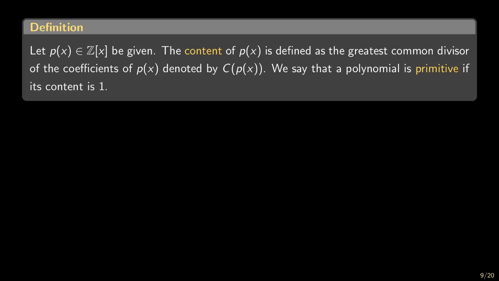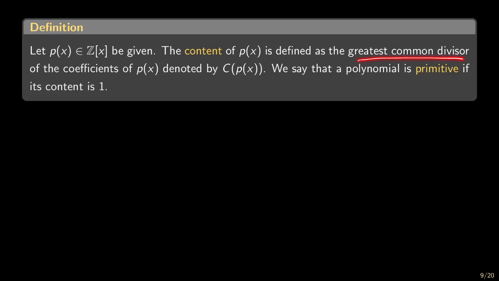So let p of x be an integer polynomial. When a polynomial is an integer polynomial, we know that the coefficients are all integers. Therefore, we can take the coefficients as integers and then take their greatest common divisor, or the largest common factor, right?